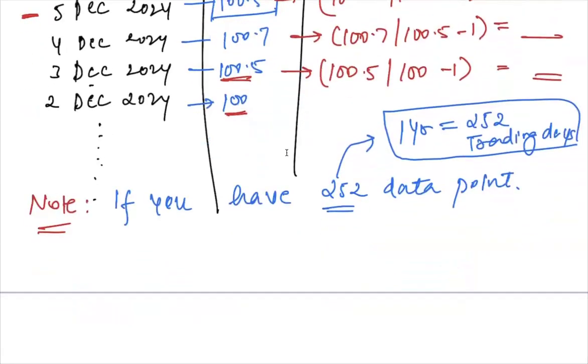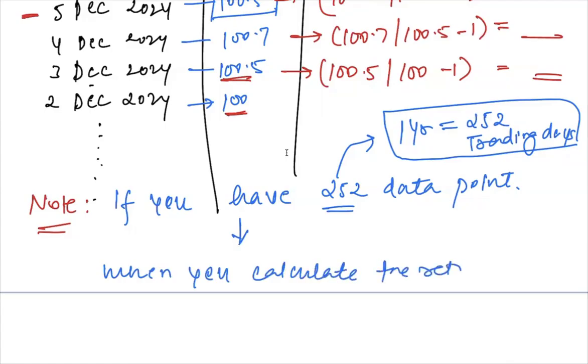Okay. So let's say if you have 252 data points. What I'm saying is if you have 252 stock prices. So when I say data points, I mean stock prices. So when you calculate the return, you will only have 251 returns.